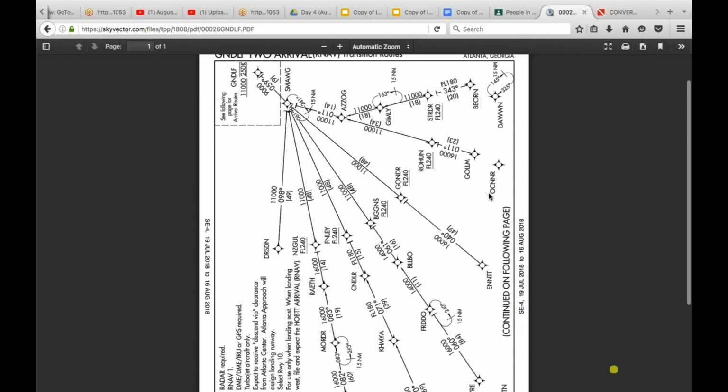But you can see all these points: Gollum, Gimli, Gondor, Baggins, Bilbo Baggins, Mordor. Yeah. There's a whole bunch of them. Smaug. It's kind of fun.